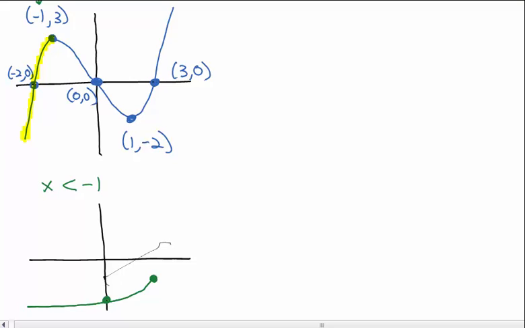But we didn't have to cut it there. We could have cut it and said, gee, we want the middle part of the graph, because that'll also pass the horizontal line test. If we do the middle graph, we're saying x is between our two x values of -1 and 1.